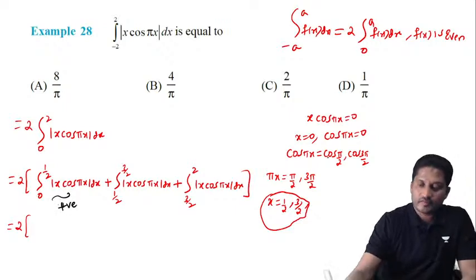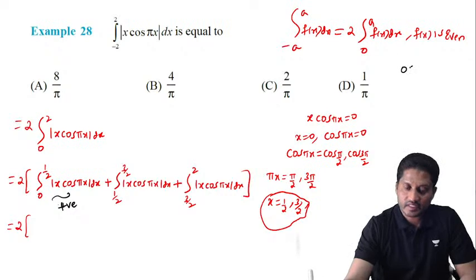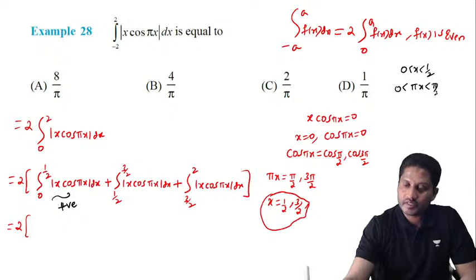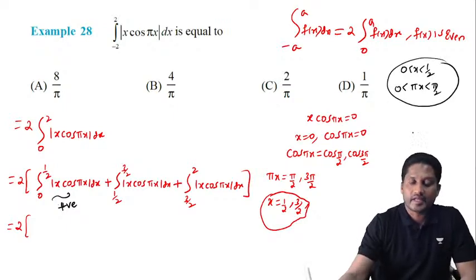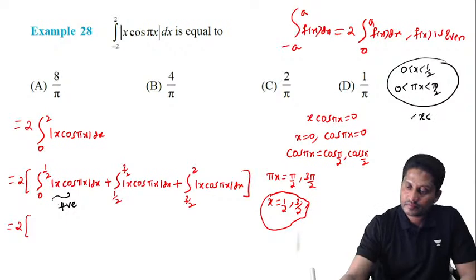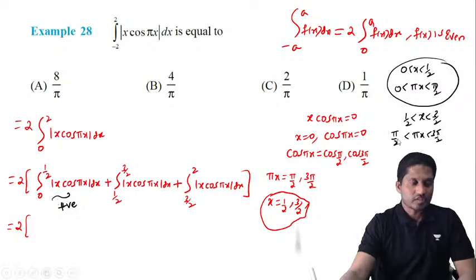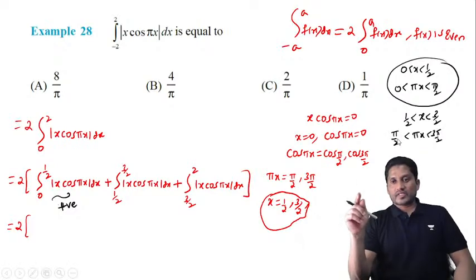This will be positive because let me explain here. X lies between 0 and half, pi x lies between 0 and pi by 2. First quadrant, obviously x is positive. Again, if x lies between half and 3 by 2, pi x will lie between pi by 2 and 3 pi by 2. Cos is positive in first and fourth, negative in second and third.